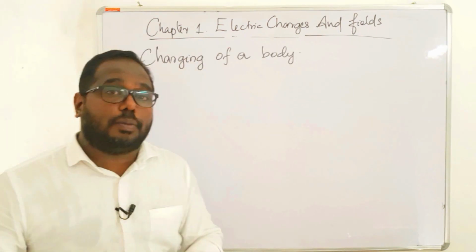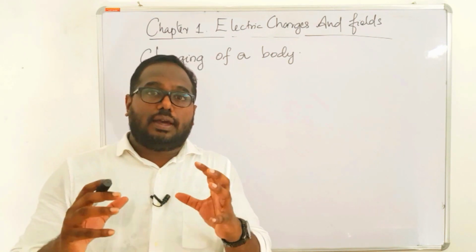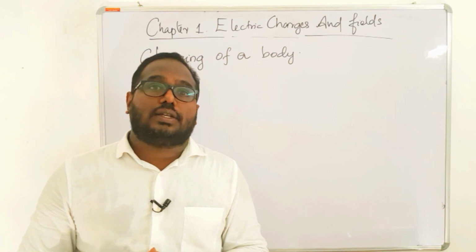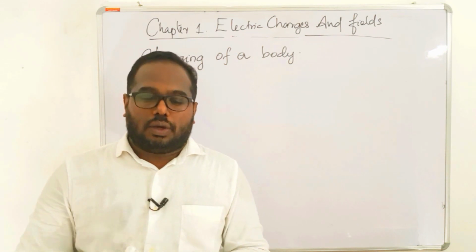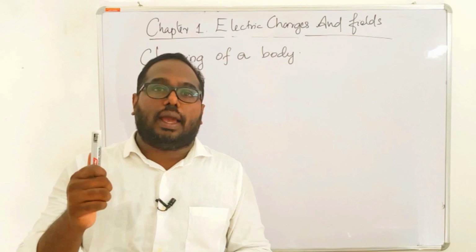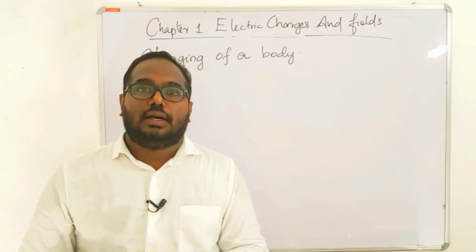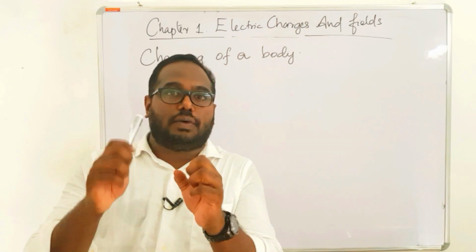Next topic is charging of a body. Charging of a body means giving a net charge to a body, also called electrification. You know that when you rub a scale on your hair, it can attract small tiny pieces of paper, because there is a charge accumulation when you rub.